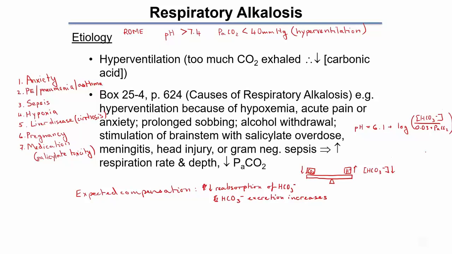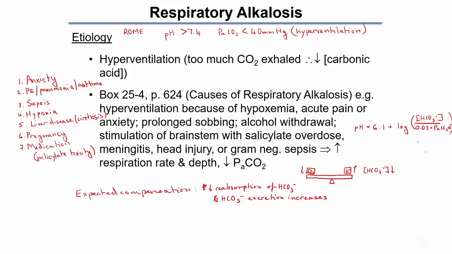So we need to keep that 20-to-1 ratio of bicarbonate to carbonic acid or CO2. Now in respiratory alkalosis, PaCO2 levels have dropped below normal. That denominator has become smaller. Overall, the ratio will become larger. Log of a larger number is still a larger number. 6.1 plus a number larger than 1.3 will give you a pH greater than 7.4. It's as simple as that.